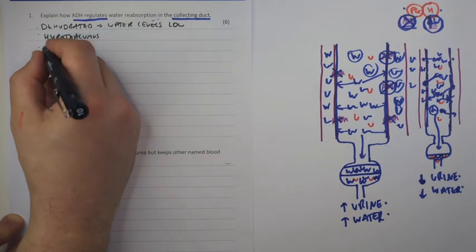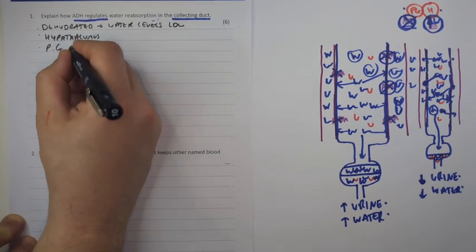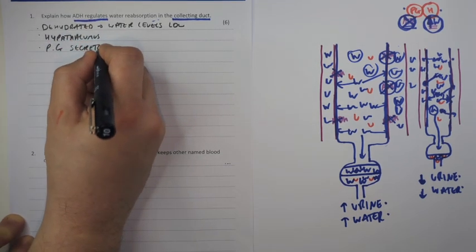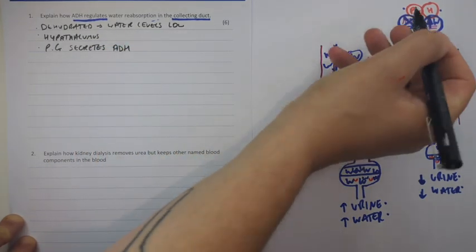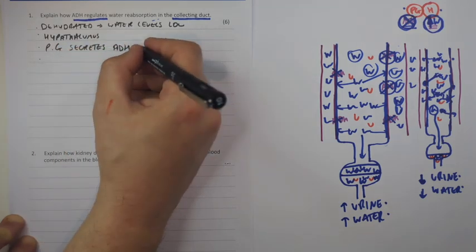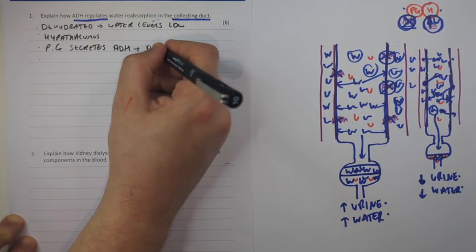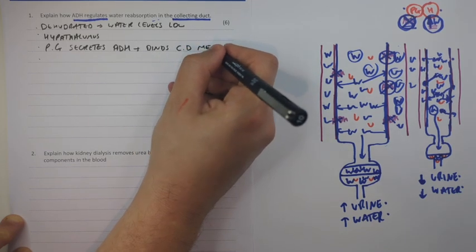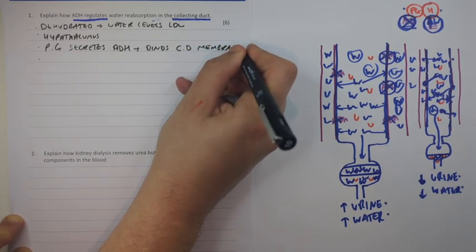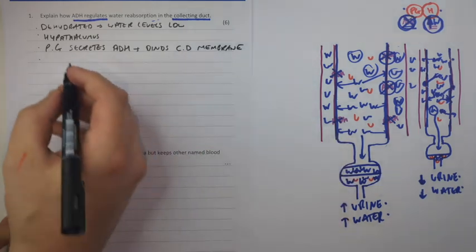And then the pituitary gland secretes ADH, which then binds to the collecting duct membrane. Don't ever write that in an exam, I'm just doing it shorthand.